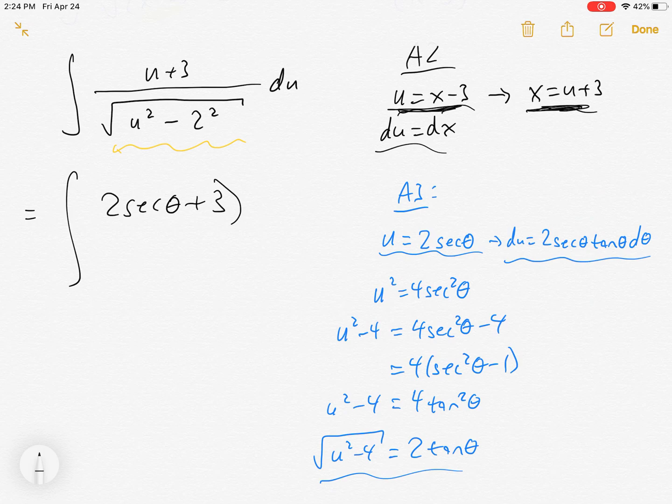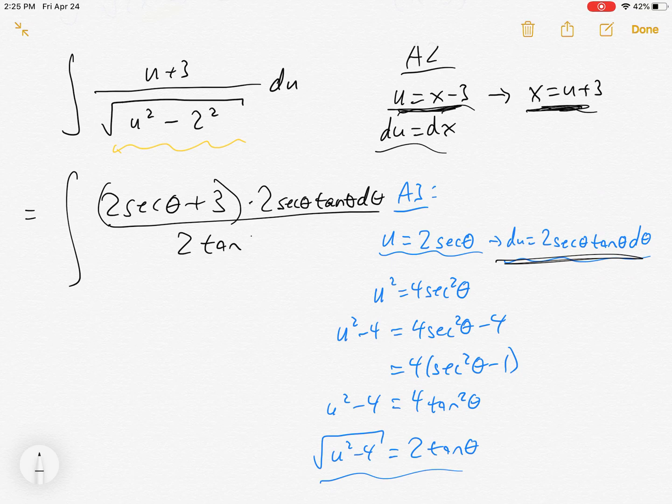So when we plug back in, we have u is 2 secant theta. Let's put a plus 3 on there. Let's go ahead and put that in parentheses. I have a feeling that might be helpful. Oh yeah, because du is all this: 2 secant theta, tangent theta, d theta.